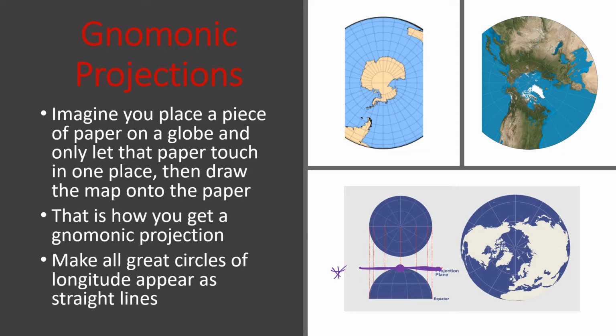And then you're going to draw what you see onto the paper, kind of like as if it was a transparent piece of paper and you were going to draw on top of it. So it's really good when we're looking at the top of the Earth from the poles and looking down and seeing those land masses. So it makes all of your longitude lines seem like they're straight lines.